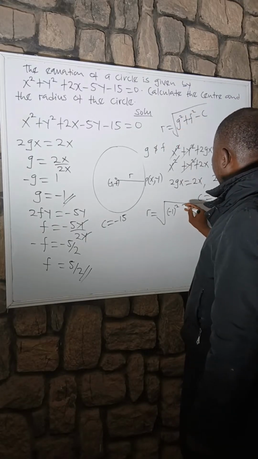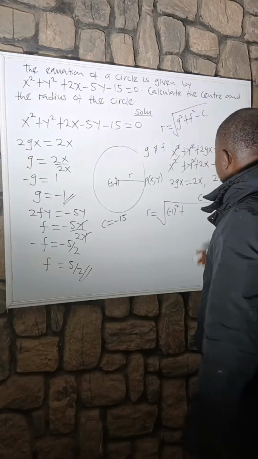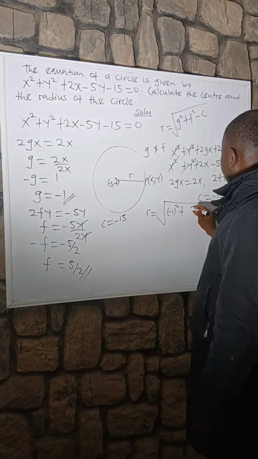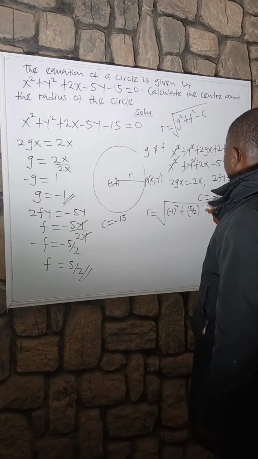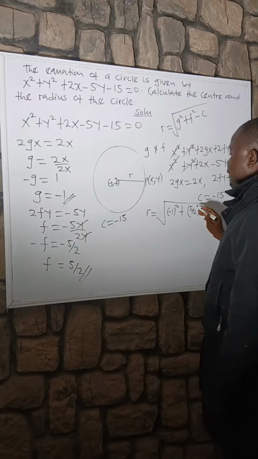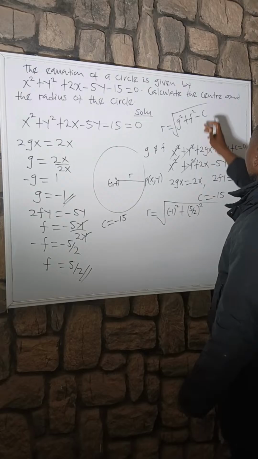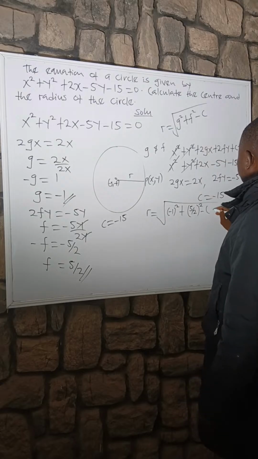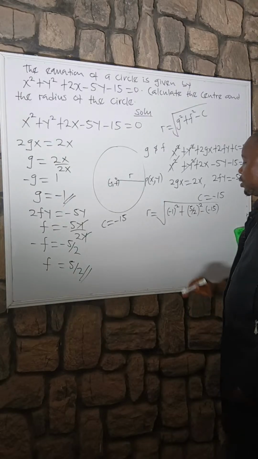Then plus, what is our f? Our f here is plus 5 all over 2, then here is squared. Then what is our c? c is minus 15 here, but already we have minus 15. Can you see now? This is how to obtain the radius.